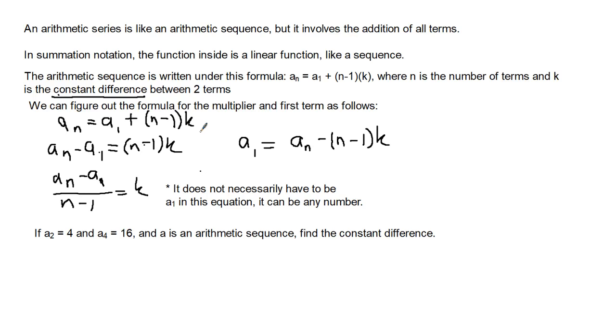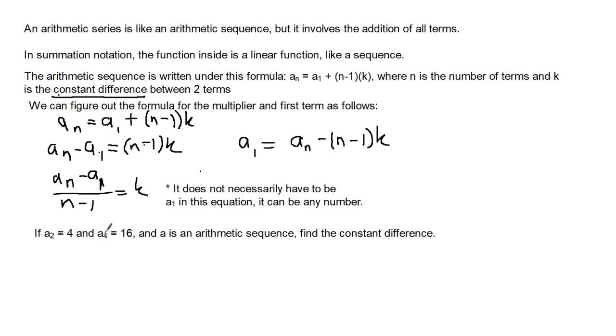Divide that through, and you'll get a formula similar to finding slope. So (a sub n minus a sub 1) over (n minus 1) is equal to k. And it doesn't have to be a sub 1. It can be a sub 2 or a sub 3 or a sub b, so (a sub n minus a sub b) over (n minus b) is also equal to k.